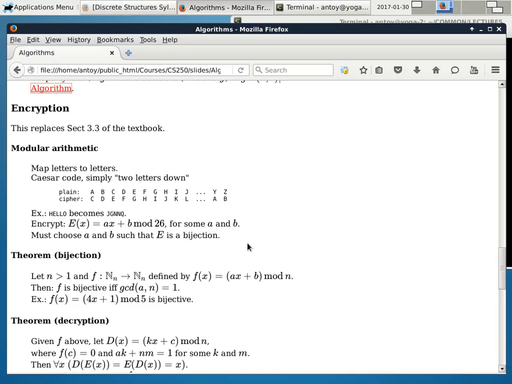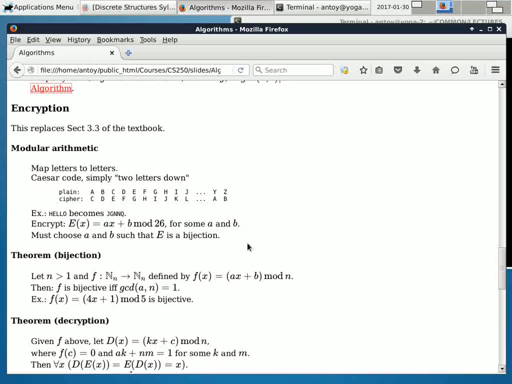So how do we encrypt here? We have this function E. E takes a letter. We represent the letters with a number between 0 and 25. A stands for 0, B stands for 1, C stands for 2, and so on, and Z stands for 25.